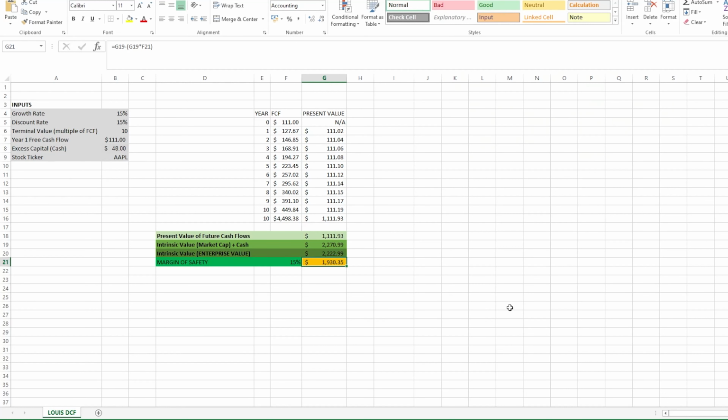So again, if we wanted to buy a company like Apple and receive a return of 15% for the next 10 years, we would have to buy the company for $1.9 trillion instead of what it's actually trading at the moment, which is $2.41 trillion.